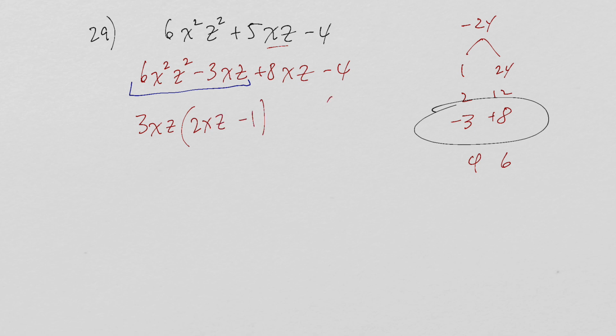So I'll leave a big space and I'm going to put 2xz minus 1 down again. Then I'll think about what I put here so that when I multiply, I get back to those. And it looks like a positive 4. So my final answer is 2xz minus 1 times 3xz plus 4.